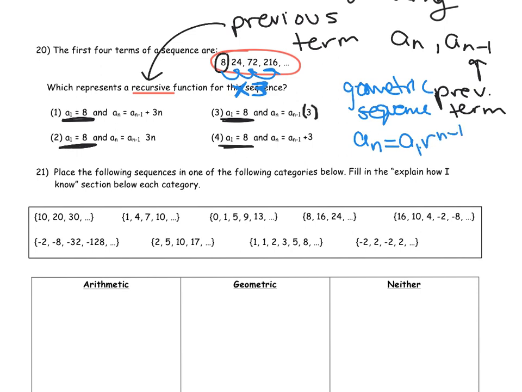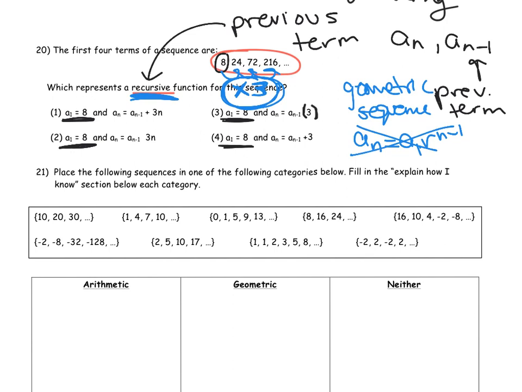But remember, this is dealing with a recursive sequence. Recursive sequence, all it requires us to understand is that we take the previous term and multiply it by this common ratio. So I actually don't even need this.